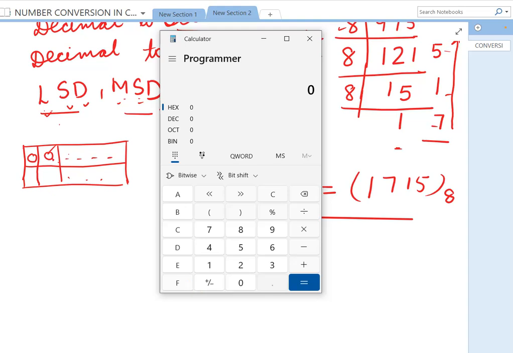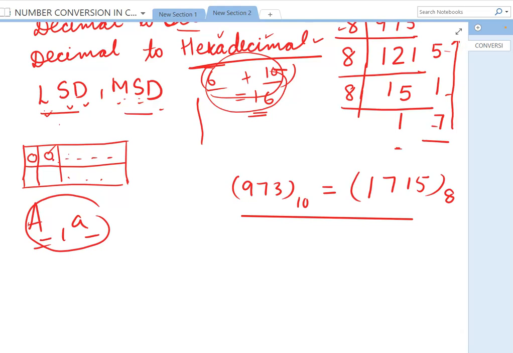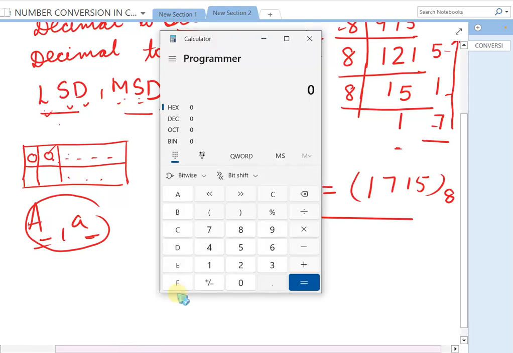If you write capital A and small a, the computer treats both in a very different manner, so do not treat them as similar. For the computer it's not. So let's come back to the calculator again. You can see that A to F are given here, and then the 0 to 9 digits. This is the combination of the hexadecimal, and this is the best way to understand.